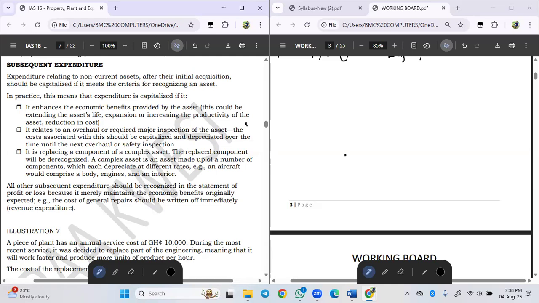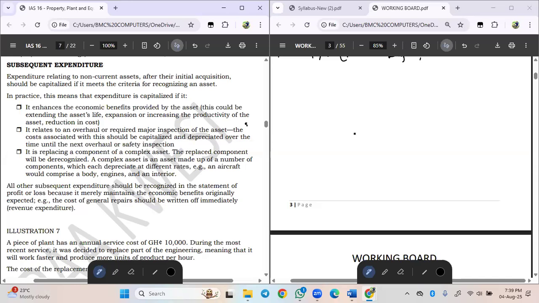So you perform maintenance on it, or you incur expenditure on that particular plant, and the production volume increased from 500 to 800, or maybe 2,000, twice of it. It means that the expenses you incurred on that asset have increased its productivity. If that's the case, that expenditure can be added to the cost of the asset, or it can be capitalized. That's the accounting term.